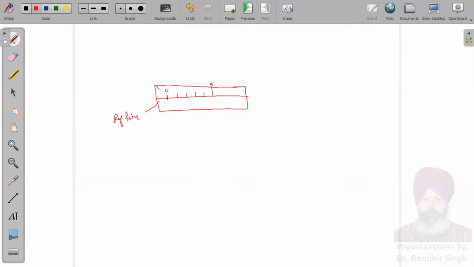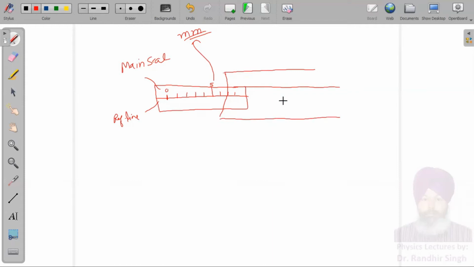This is called the main scale, and this unit is in millimeter. This will be obviously then 6, 7, 8 and so on. Then there will be a circular scale here. And the main scale is actually long, it will go inside. Only this portion will be visible, whichever is not covered by the circle.